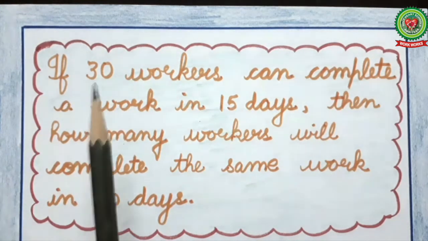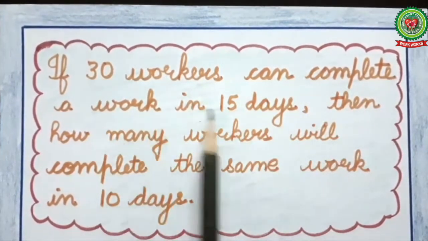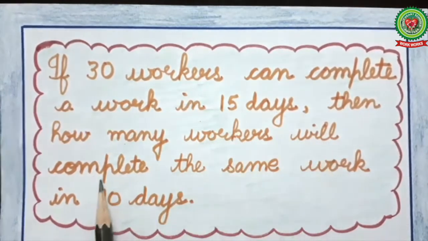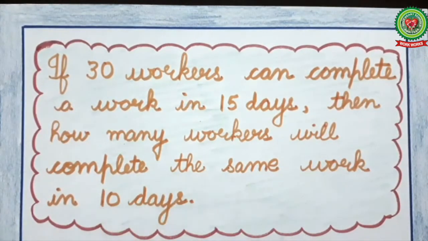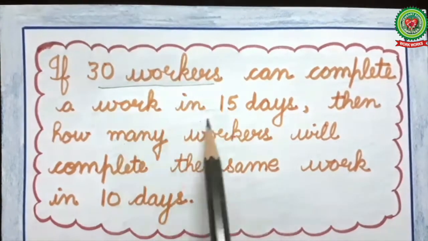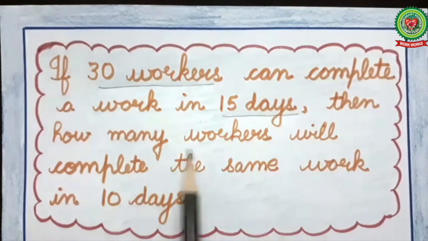Here, statement is, if 30 workers can complete a work in 15 days, then how many workers will complete the same work in 10 days? In this, we have given 30 workers can complete a work in 15 days. Then, how many workers?